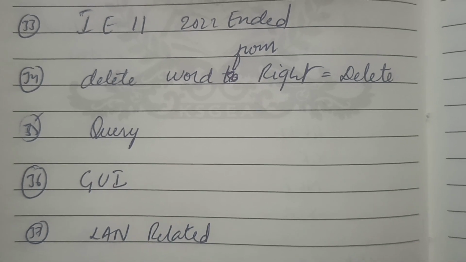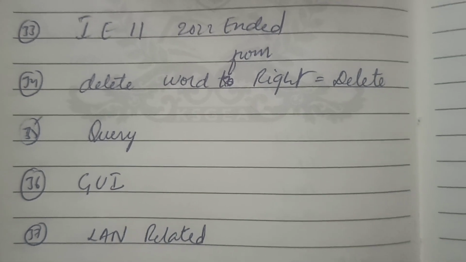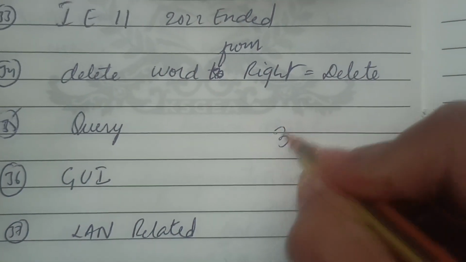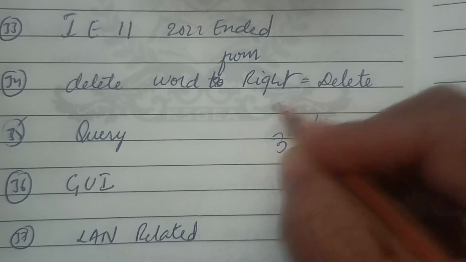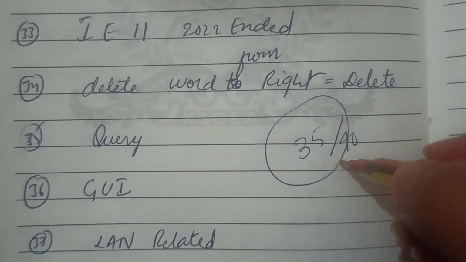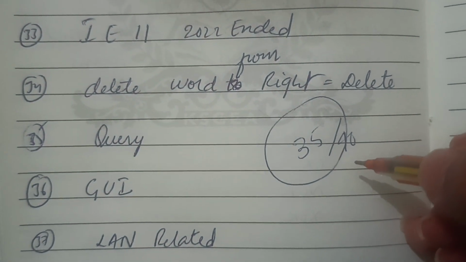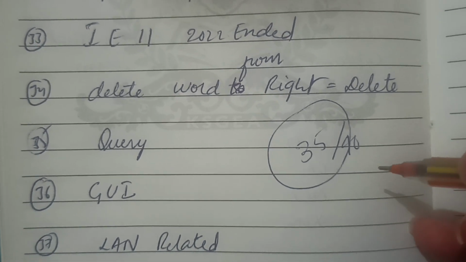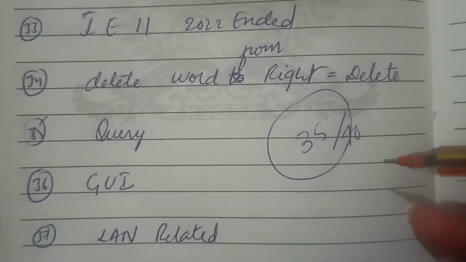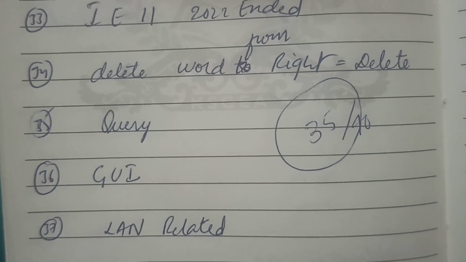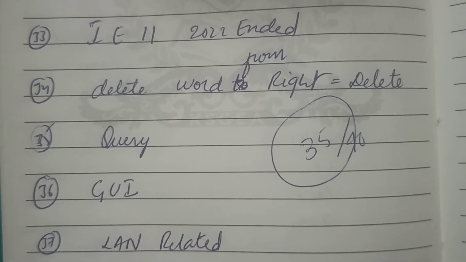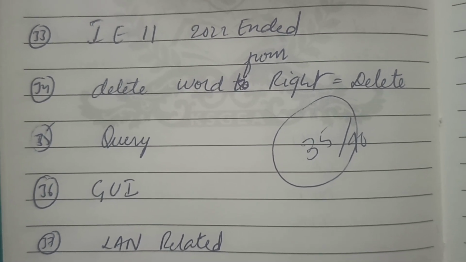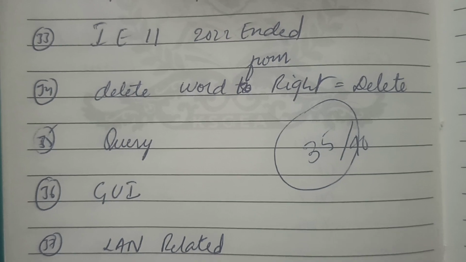In this section I attempted only 35 questions out of 40. For the remaining two, I was having doubt, that's why I didn't answer them, but actually those answers were right, I just didn't mark them. Please comment what your attempts were in this section. I will try to upload the self-given analysis of the remaining sections tomorrow.